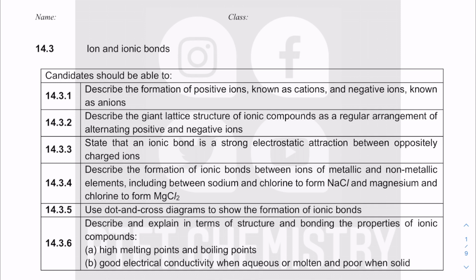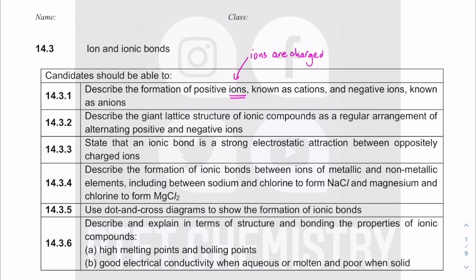So 14 to 16 years old are expected to know about atomic structure, which I already covered in the last topic. And having said that, here candidates should be able to describe the formation of positive ions. Ions are not atoms, ions are charged, and ions can be positively charged or negatively charged.